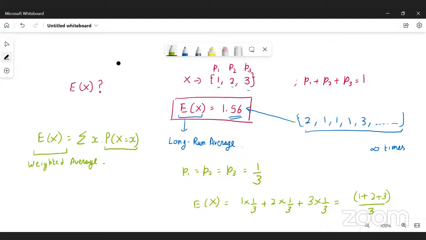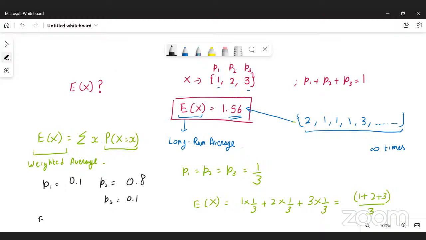But in practical life, you won't be having the same probabilities. There might be some case when, let's say, P1 has probability 0.1, P2 is 0.8, and P3 is again 0.1. So while computing the average, we need to make sure that my value 2 gets more importance as compared to the other two, right?